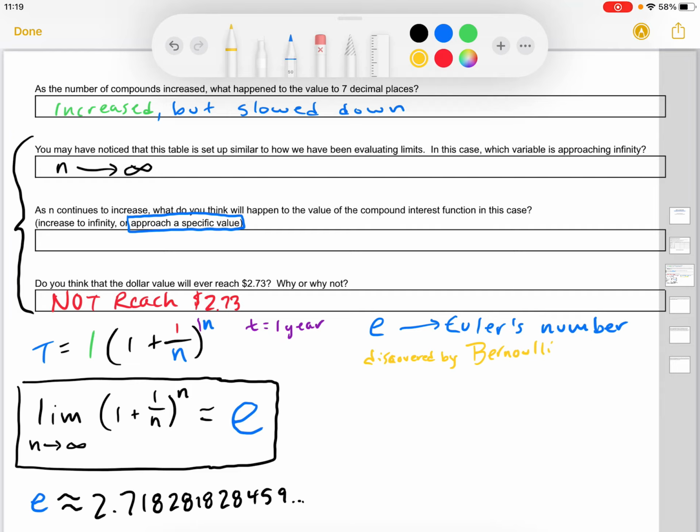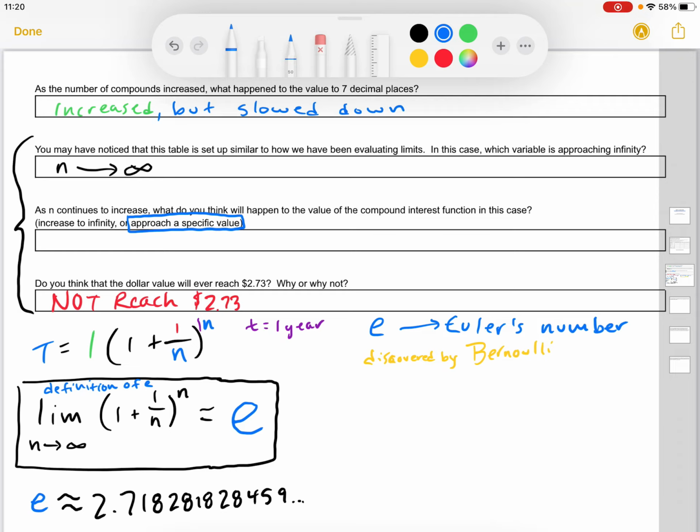So e is also very interesting because it's one of the first constants, or actually I think it is the first number that was defined by a limit. Okay, so this right here is actually the definition of e.